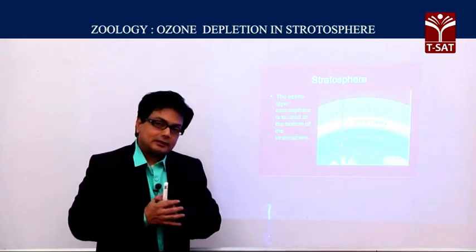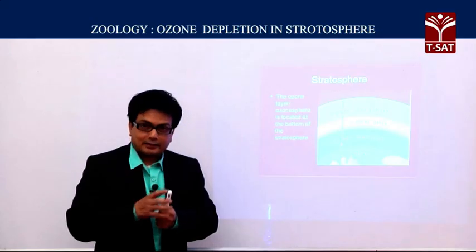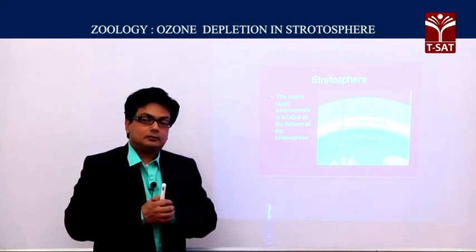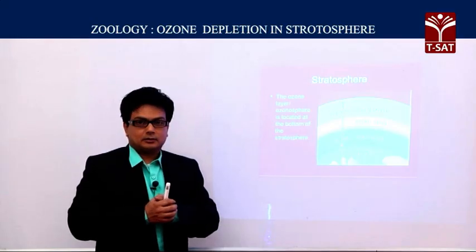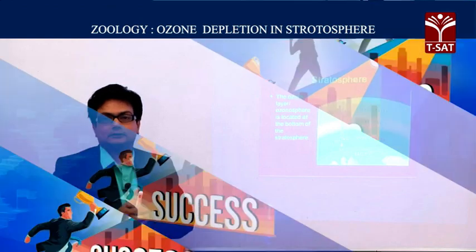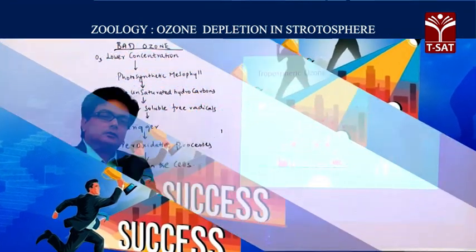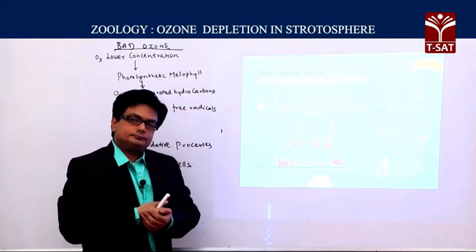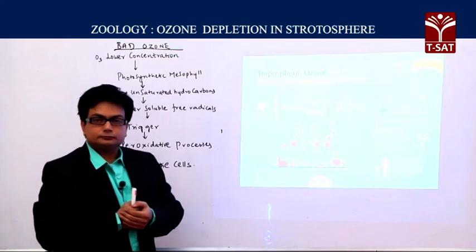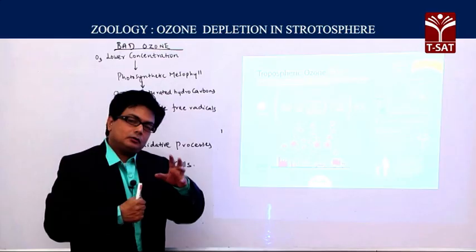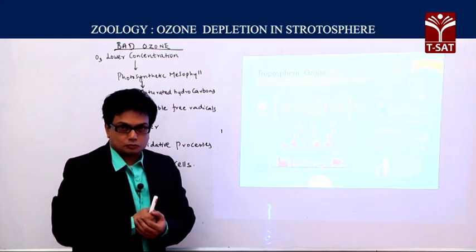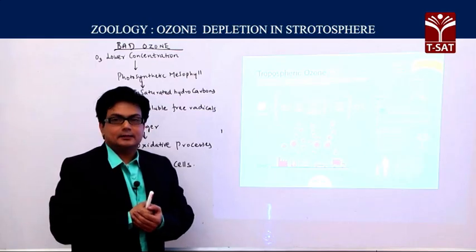Let us now understand how ozone is bad, especially in the troposphere, and how it impacts the plants as well as the animals. How can we explore the idea of bad ozone? First of all, in the troposphere, how is the ozone, which we are calling the bad ozone, formed?